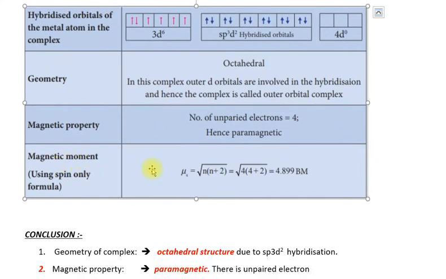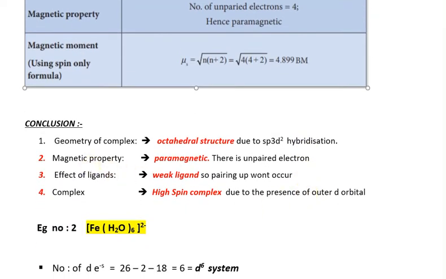And the magnetic moment can be shown as mu s equal to root of n into n plus 2, which is equal to root of 4 into 4 plus 2, which is equal to 4.899 BM. The conclusion of this example: the geometry of the complex is octahedral, because it has sp3d2 hybridization, and its magnetic property is paramagnetic because of the presence of unpaired electrons.